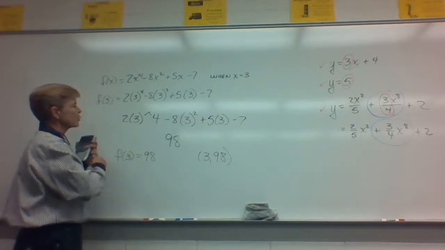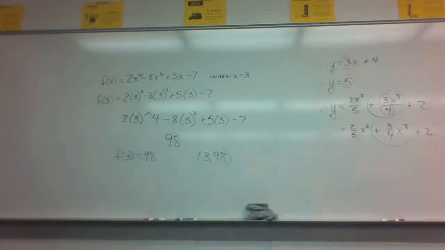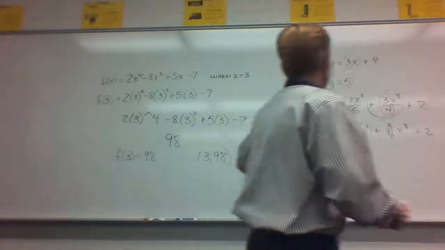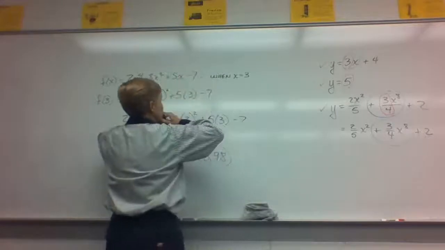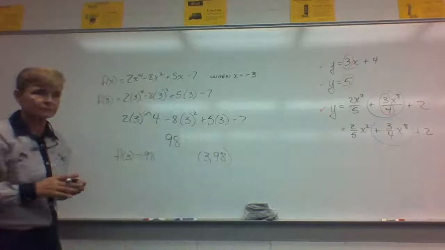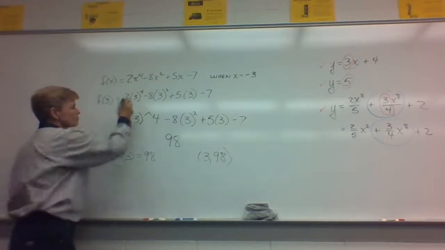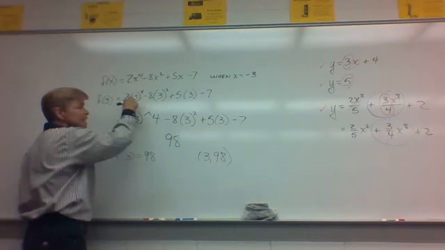So we just evaluated this thing when x was 3. Plugging it in. How would this look different if it had been written like this, but it said when x is negative 3? How would that change? Inside the parentheses.